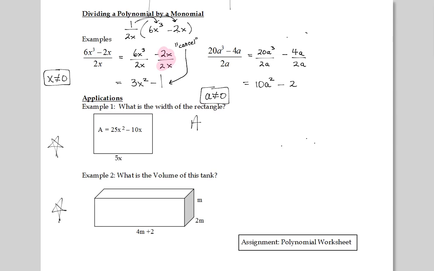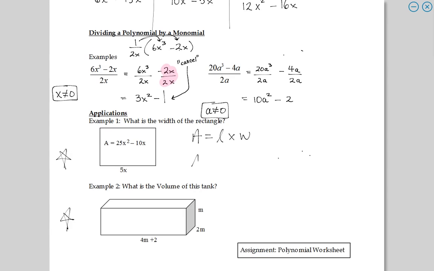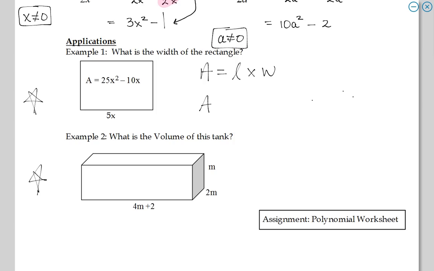Area of a rectangle is equal to length times the width. Now, we're using x's for variables, and I got an x here for times. At some point in your life, you're going to have to stop using the x for times. So you can just write this: Area equals LW.